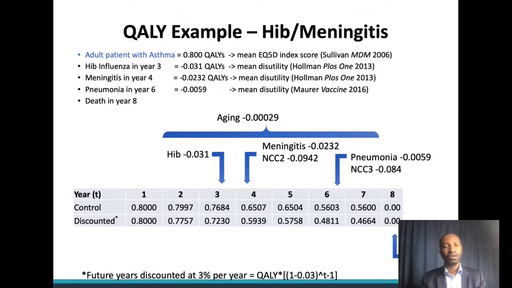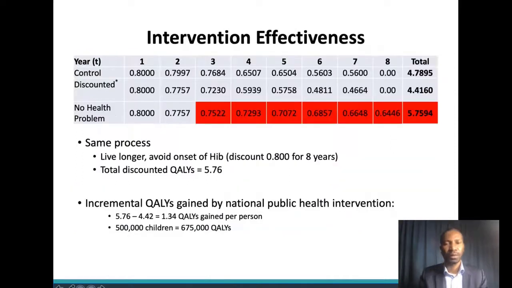Then we can discount these QALYs in each year and then sum them to get the total QALYs. Now, suppose that there's an intervention and that the intervention is effective at improving QALYs.